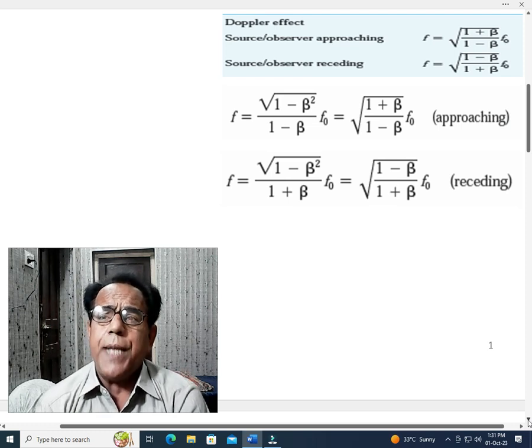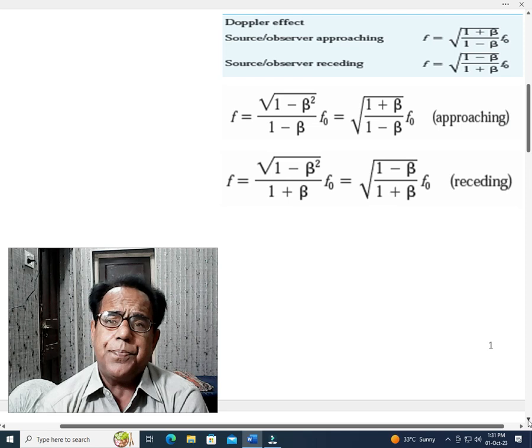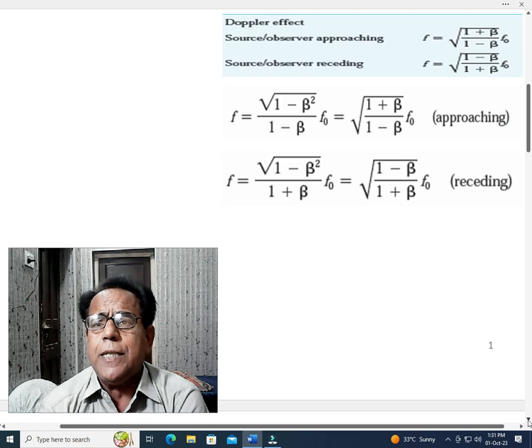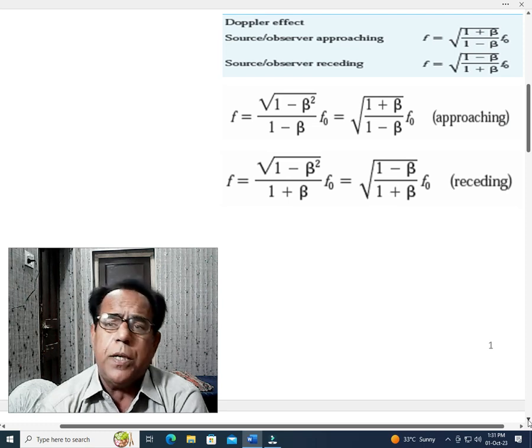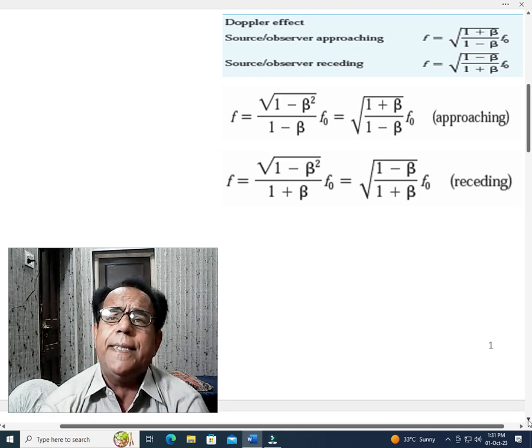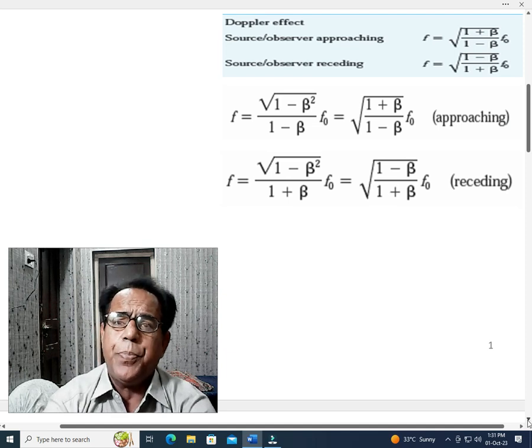Now we come to the second case, which is receding. f is equal to √(1−β²)/(1+β) × f₀. This becomes equal to √((1−β)/(1+β)) × f₀. This is the receding case.